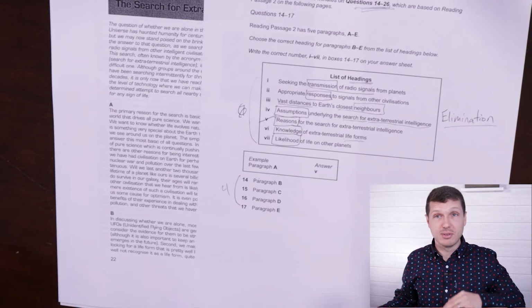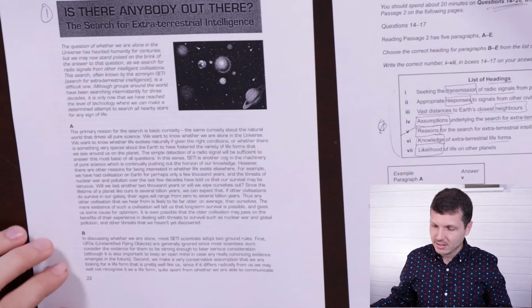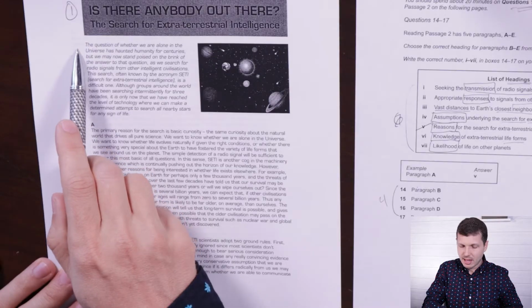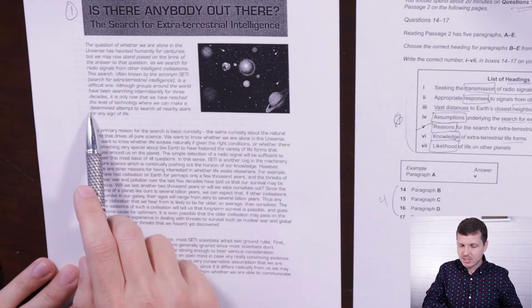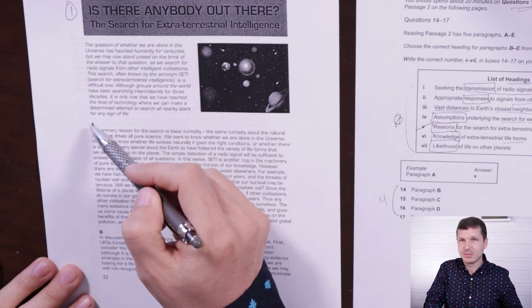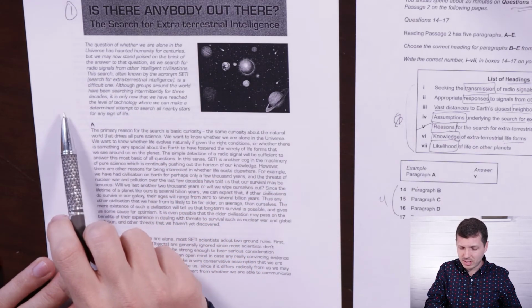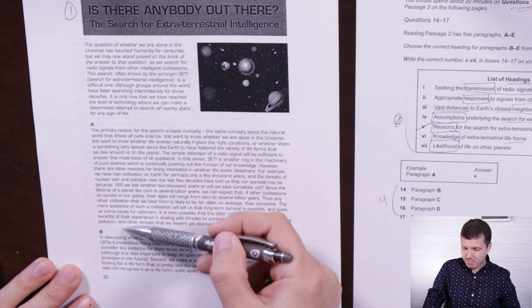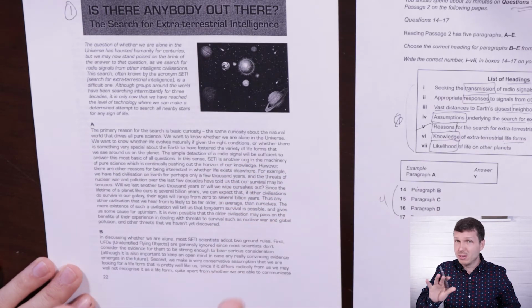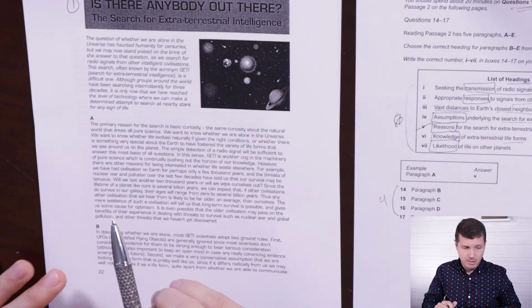So now let's do our list of headings. Now look at this. If you saw my previous video, I believe it was questions 1 through 7, I mentioned how sometimes answers come from these titles, these subtitles. This one is very long. I wouldn't call this a subtitle, but it's not a paragraph, but you don't want to miss it, okay?